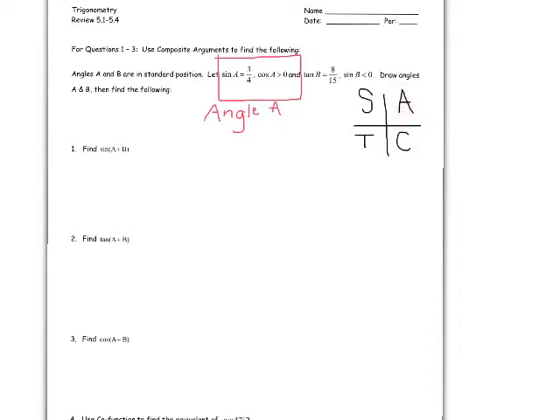In quadrant 2, only sine is positive, and cosecant. In quadrant 3, tangent and cotangent are positive. And lastly, quadrant 4, cosine, so the C is for cosine, and then the brother secant is also positive in quadrant 4. So I'm going to highlight sine of A is 3/4.